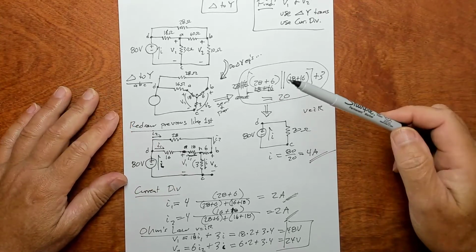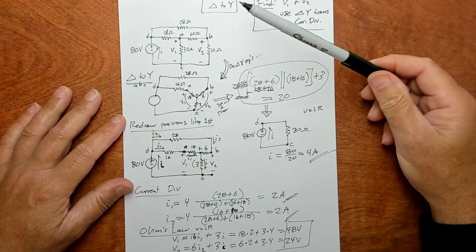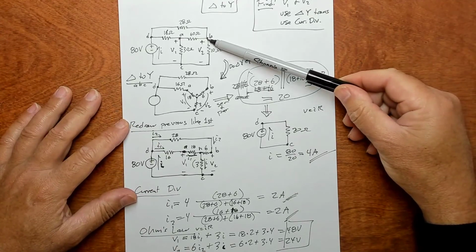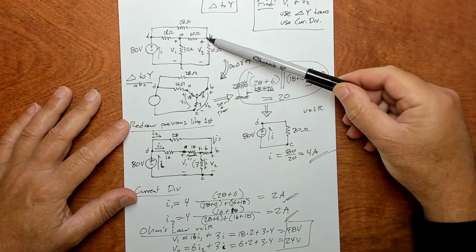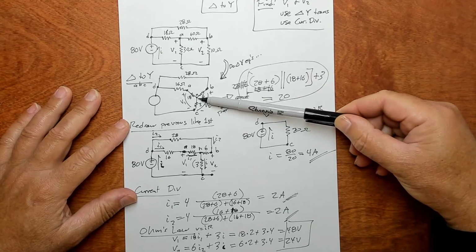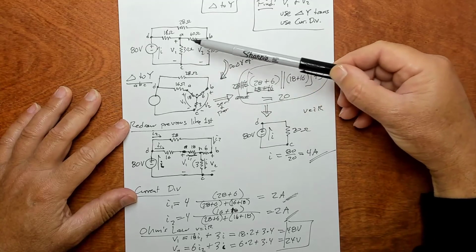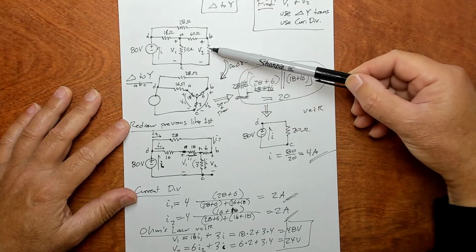So let me just summarize the problem here. We started off with this. We've got a delta between A, B, and C. We break that into a Y. There are these original voltages, V1 and V2, in the delta configuration.